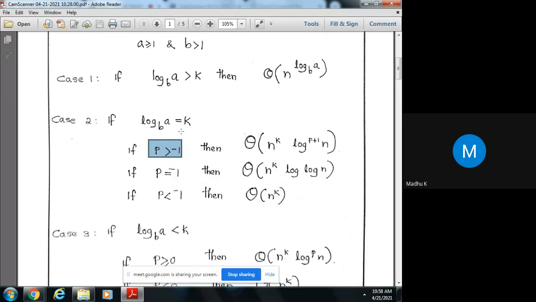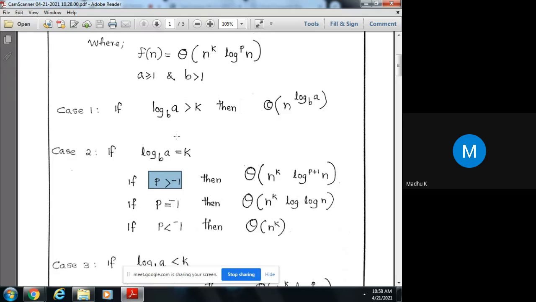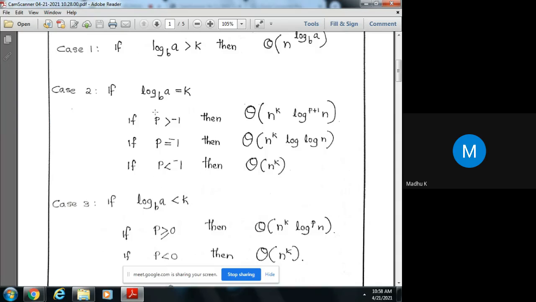What is p? This is p: f of n is equal to theta of n raised to k log power p n. So this is p. We will use the value of p and check three conditions.